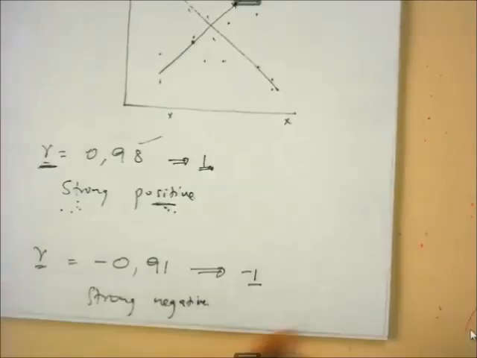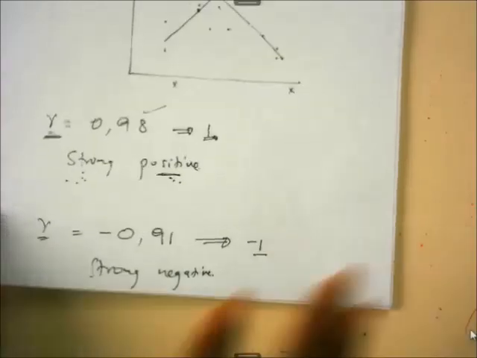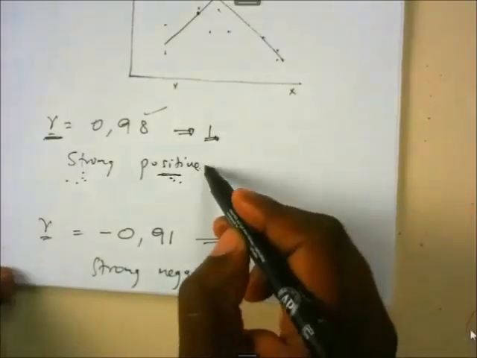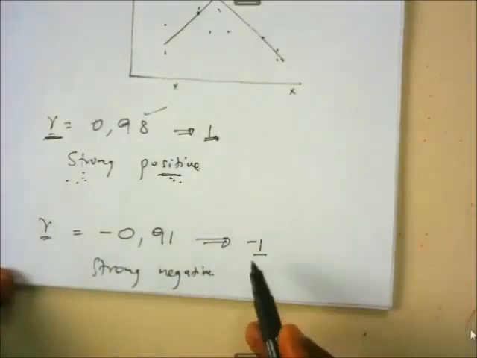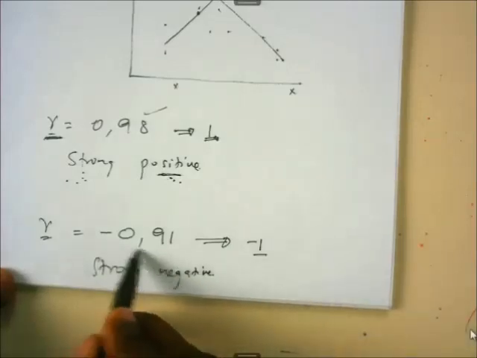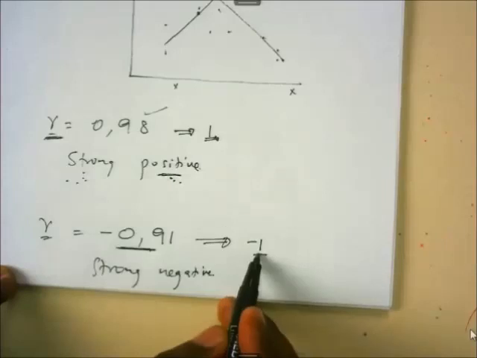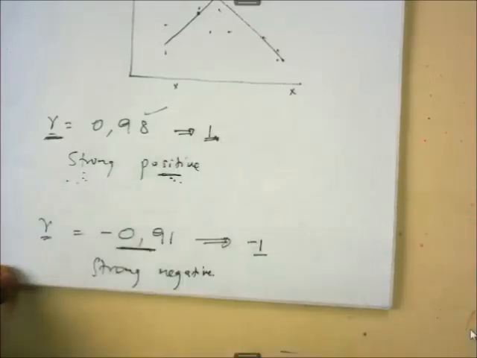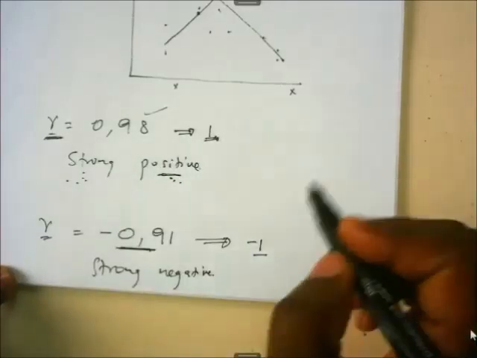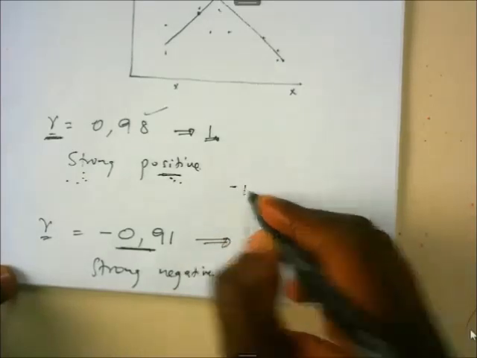The question says to calculate the correlation coefficient and comment on the strength of the relationship. Whether it is strong positive or strong negative depends on the value you find for R. Is it very close to -1 or very close to +1?